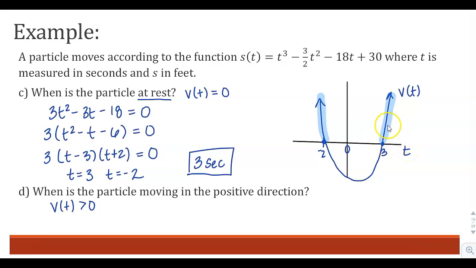So we're only interested in the interval from 3 to infinity. So when is the particle moving in the positive direction? Anytime my t values are greater than 3. So I'm going to say when t is on the interval from open 3 to infinity.